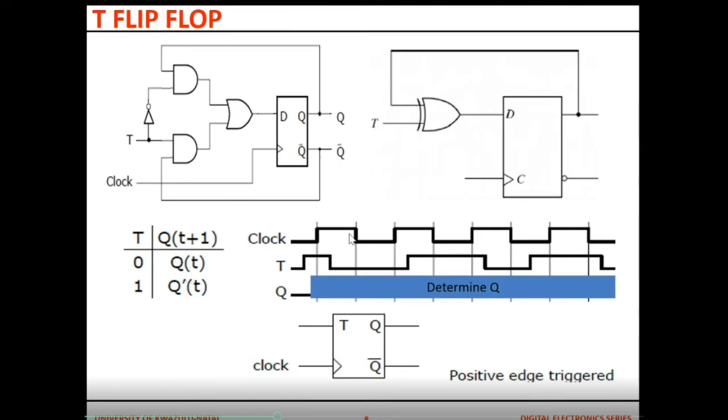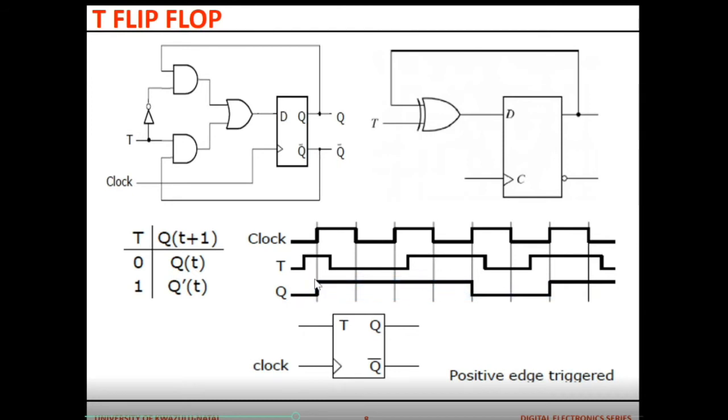So you've got the clock here and then T. Let's look at what happens. Remember, all those things happen at the positive clock edge. So when the positive clock edge is here, T is 1, so it toggles. If it was 0, it will go to 1.